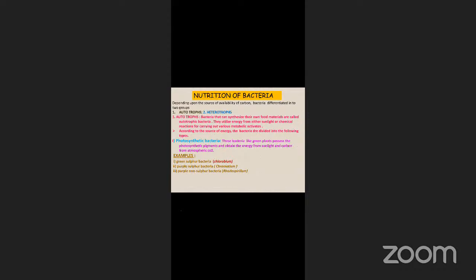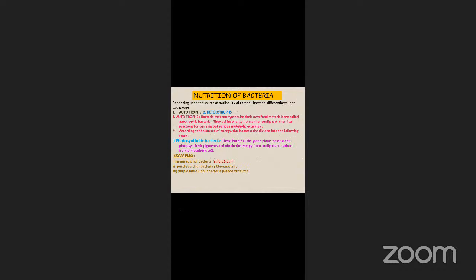The chapter is there in the 9th class also. The chloroplast pigments, xanthophylls, also have 3 types, and carotenoids have 2 types. So, coming to our subject, the examples of photosynthetic bacteria.